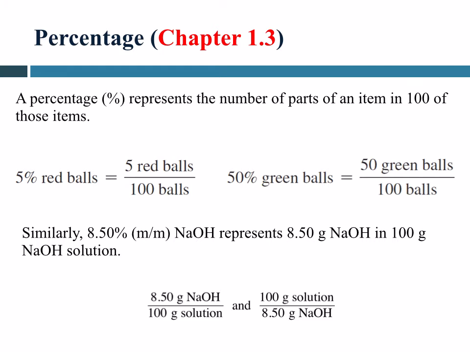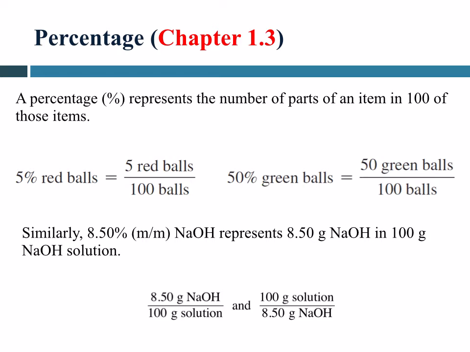Recall from chapter 1 that when you are given a percent, it represents the number of parts in 100 of those items. So 90% on an exam equals 90 correct answers out of 100 questions. And 5% red balls equals 5 red balls out of 100 total balls. In the same way, concentration given as a percent, such as 8.50% by mass sodium hydroxide, means you have 8.50 grams of sodium hydroxide in 100 grams of sodium hydroxide solution.